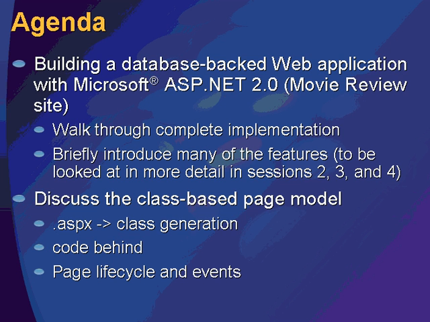The other purpose of looking at the sample application, which I will make available for download shortly after this presentation completes, is to introduce and motivate many of the features that we'll be looking at over the next several days in the subsequent sessions for this series, 2, 3, and 4. And with that overall introduction, we're then going to drill down and look at a few specific details relating to the architecture of ASP.NET 2.0.